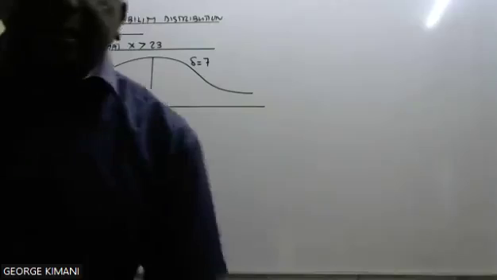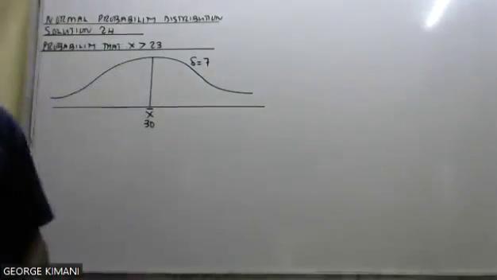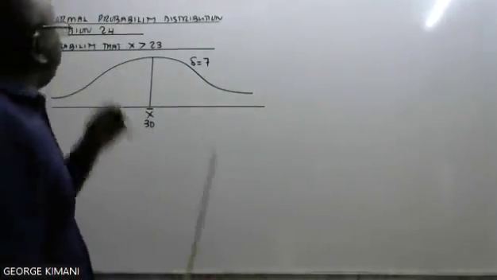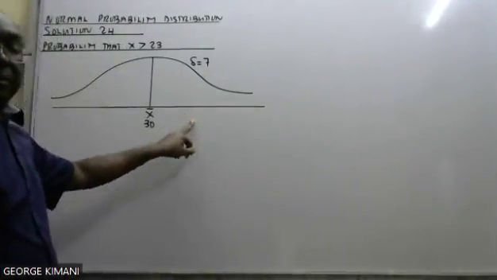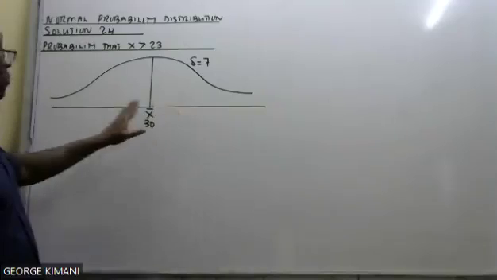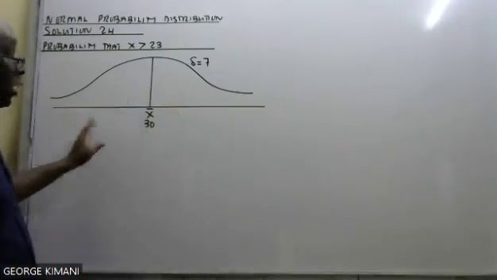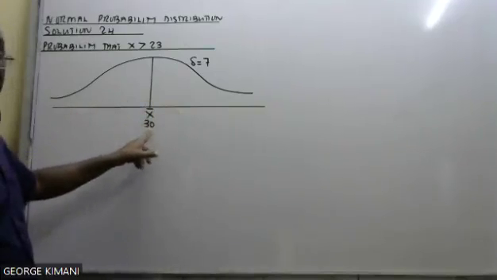So if that is the case, this one is a number line, and at this point, this is 30.